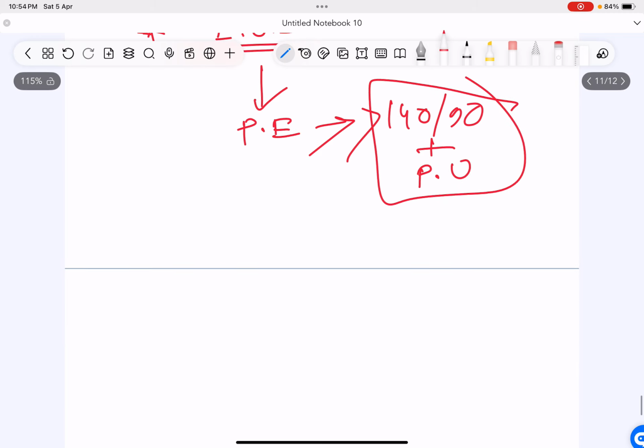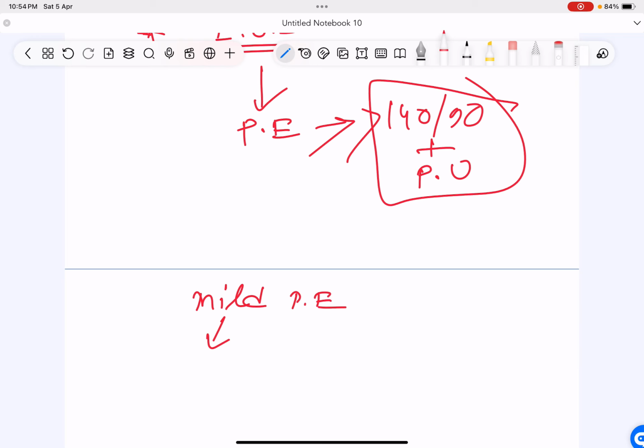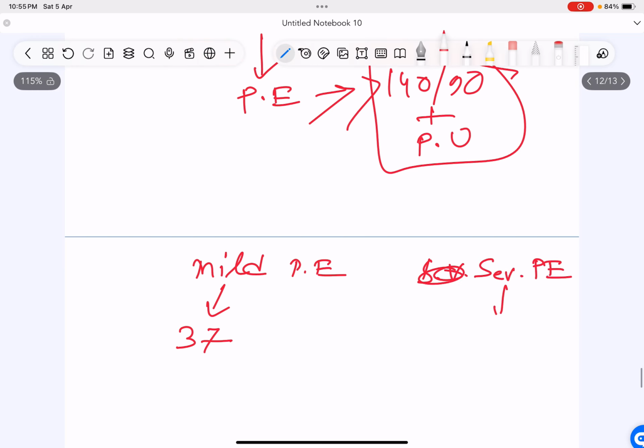In treatment तो वही है हमारा antihypertensives, but what is the criteria of delivery? Just like your mild PIH, for mild PE, delivery at 37 weeks, and for severe PE, just like your severe PIH, delivery at 34 weeks.